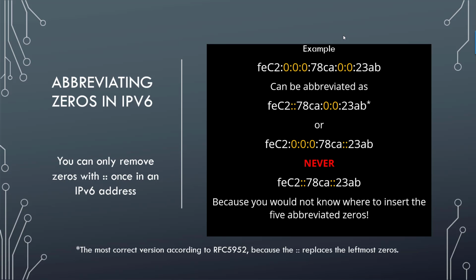If you replace them both, you have no idea whether the first double colon is 4 zeros or 2 zeros or 3 zeros. You just don't know. So therefore, do not ever replace more than one set of successive zeros with the double colon.